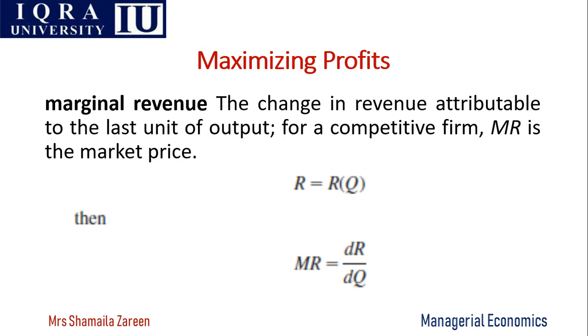It can be shown by taking the derivative with respect to quantity. It means marginal revenue can be written as dR over dQ, that is change in revenue divided by change in quantity. It shows the additional revenue.